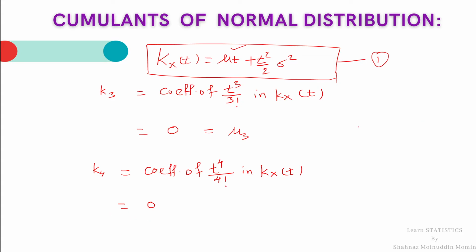Further, we know that the relation between fourth central moment and fourth cumulant is mu4 is equal to k4 plus 3 k2 square. We know that k4 is 0, plus 3 into k2, which is sigma square, its square, is equal to 3 sigma raised to 4. This is the fourth central moment of a normal distribution.